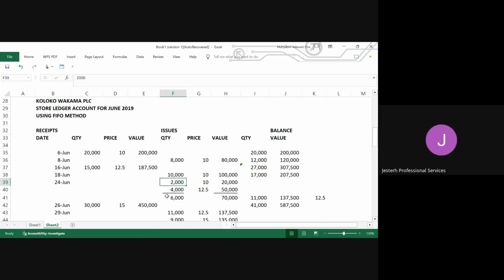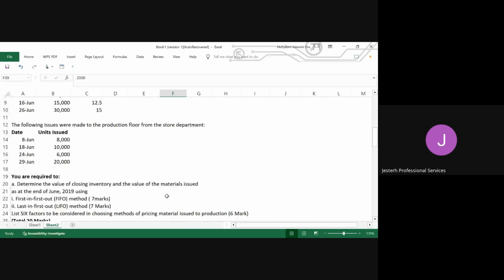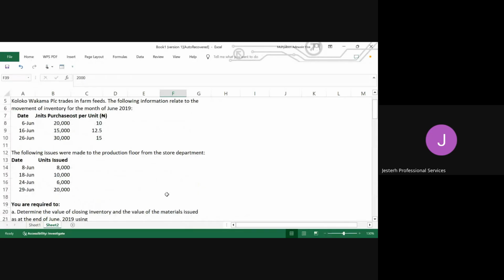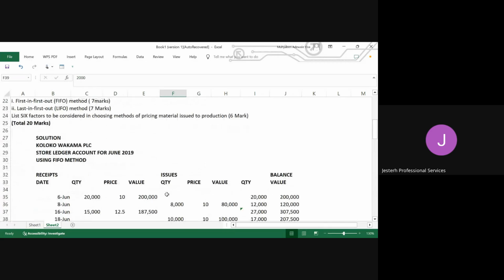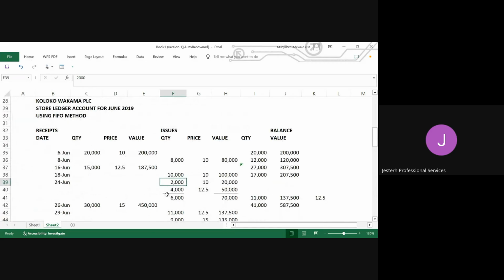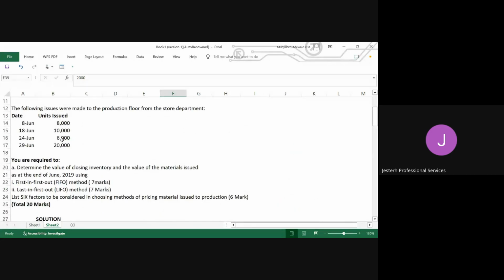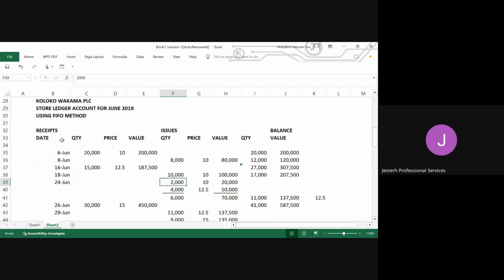Now, on the 18th, they asked us to issue to the production department 10,000. Okay, on the 24th, I think that is where we are having issues. On the 24th, they asked the department to issue 6,000.